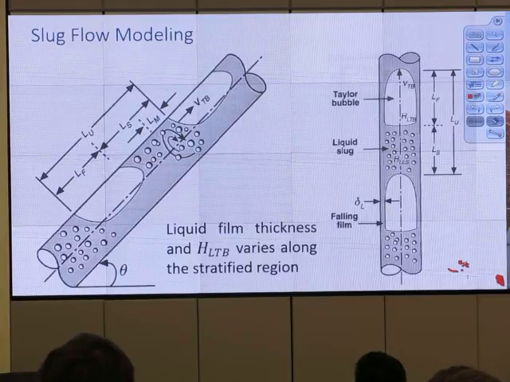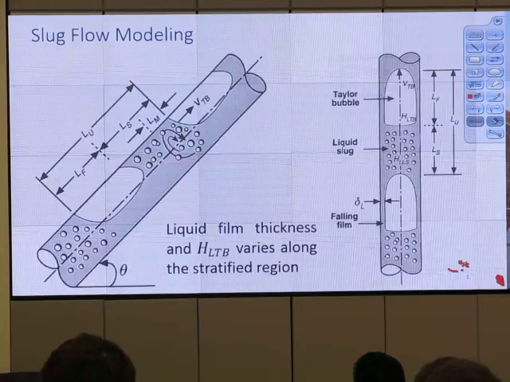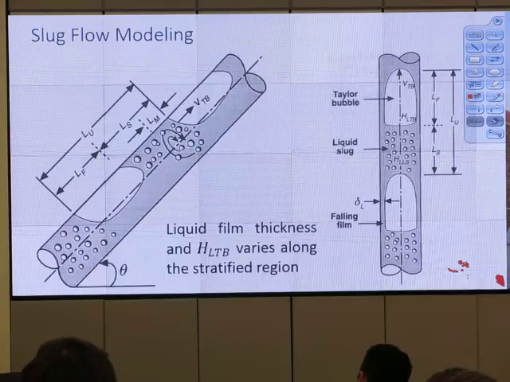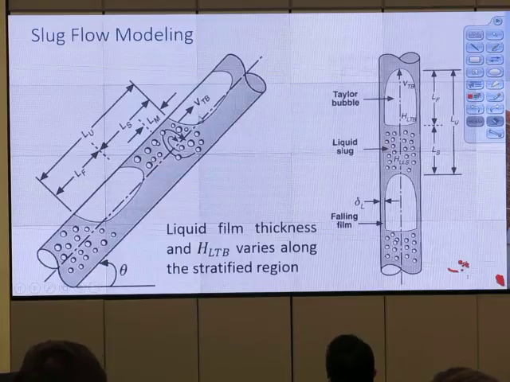Subscript LS is for slug body, so VL LS is the liquid velocity in the slug. VG LS is the gas velocity inside the liquid slug. In this lecture, we will call LU the slug unit length, LF film length, LS slug body length, LM mixing length, and VTB the interface velocity, which is highest.